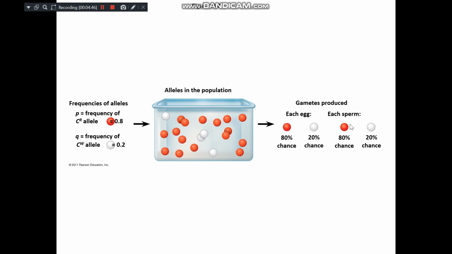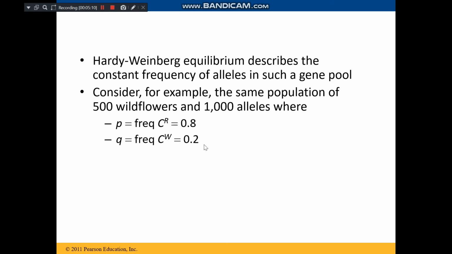Even the sperm will have an 80% chance of the CR allele and a 20% chance of the CW allele. If you bring in random mating, again that comes to 0.8 and 0.2. So there is a constant frequency of alleles in such a gene pool.